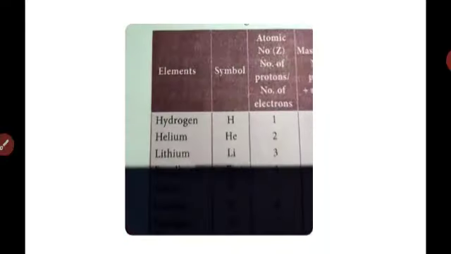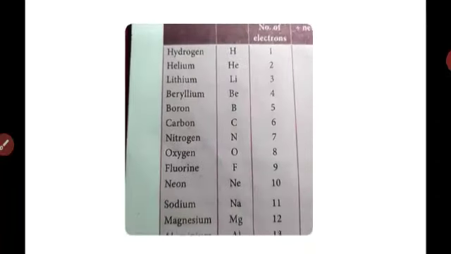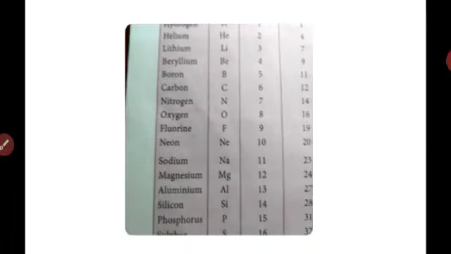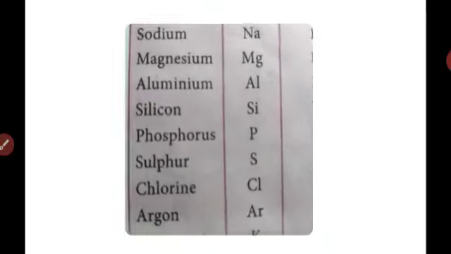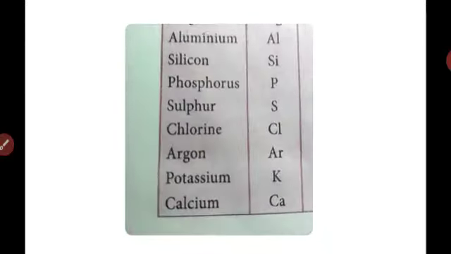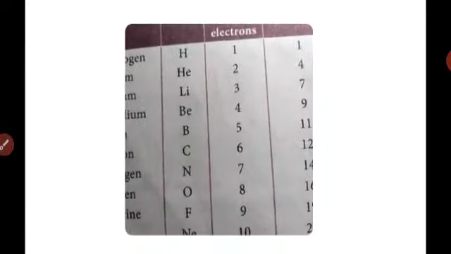You see here the elements hydrogen, helium, lithium, beryllium, boron, carbon, nitrogen, oxygen, fluorine, neon, sodium, magnesium, aluminum, silicon, phosphorus, sulfur, chlorine, argon, potassium, calcium. That is the symbol also, hydrogen, helium, lithium, you know that.